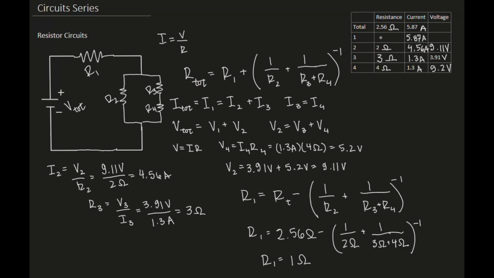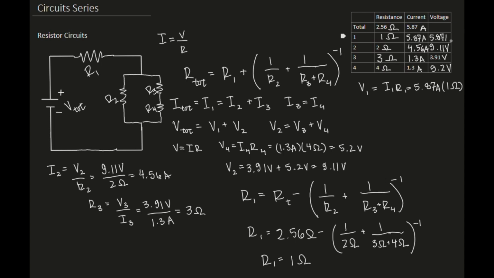And then if R is 1 ohm, I know that the voltage equals IR. So the voltage of 1 is equal to the current at 1 times the resistance at 1, which is just 5.87 volts times 1 ohm. Not volts, sorry, amps. Amps times 1 ohm. And I get that it's just 5.87 volts.